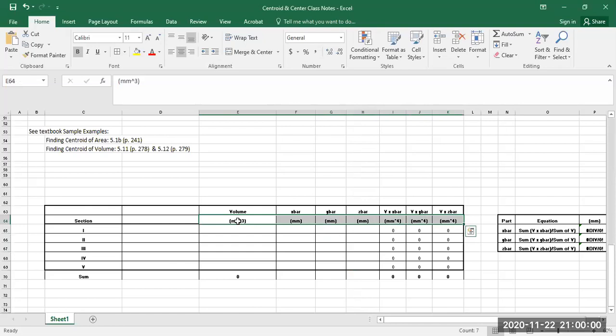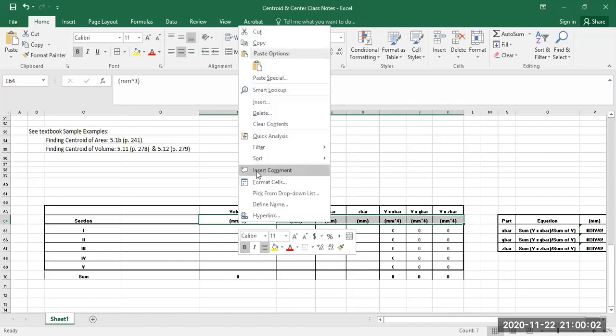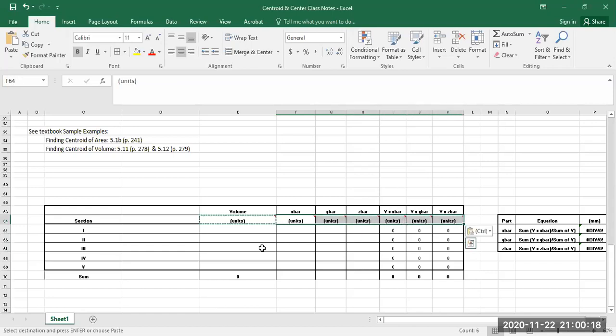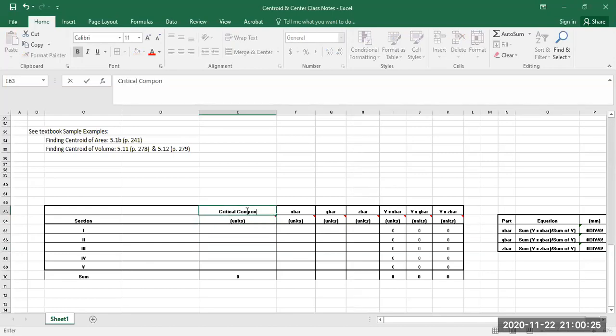I'll put in units. Just make sure you're putting in the right units. And then this is going to be the critical component. In the case we did, it was volume, but it might be something else.